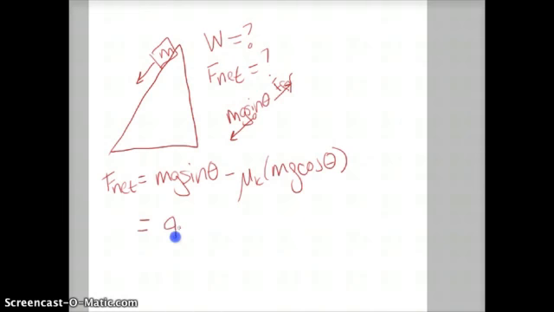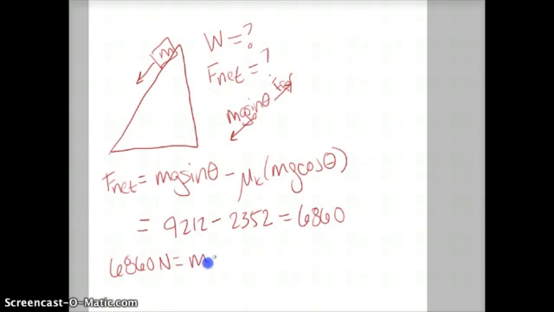In this case, that's going to be 9212 minus 2352. So that's going to mean that our F net in the end here is going to be 6860. Now, just out of curiosity, we can find out how fast it's accelerating. It's not going to be 9.8 meters per second squared because it's encountering friction and because it's on an incline. So let's see how fast it's accelerating. 6860 newtons is going to be equal to ma.